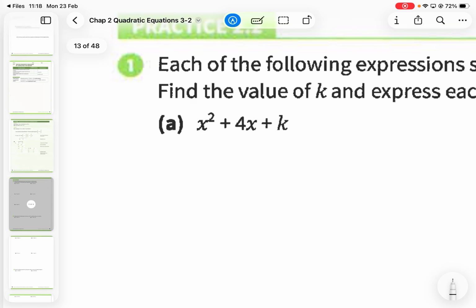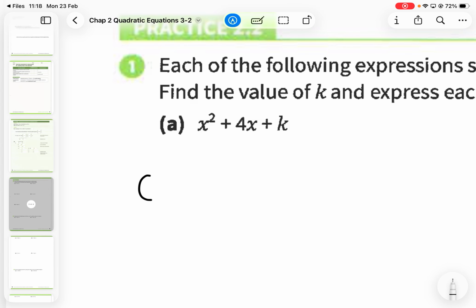Okay? I don't want this expression to look like this. I want this expression to look like something like that. There is a number here, there is a number here. If I can write this thing like this, then it will help me to solve my quadratic equation later.